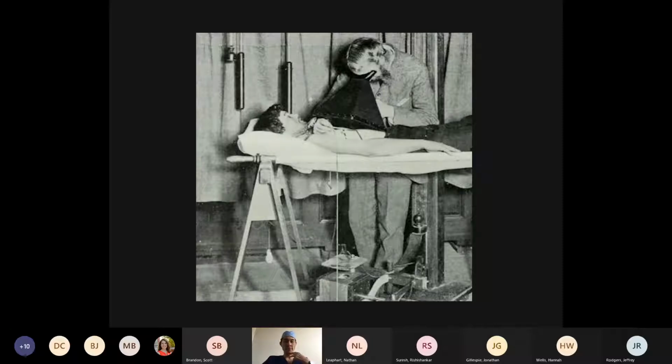At the bottom, we see the X-ray source, and then you have a magnifying glass. As you can imagine, there was no protection at all. There was a lot of radiation going into the patient and then through the patient and into the physician.